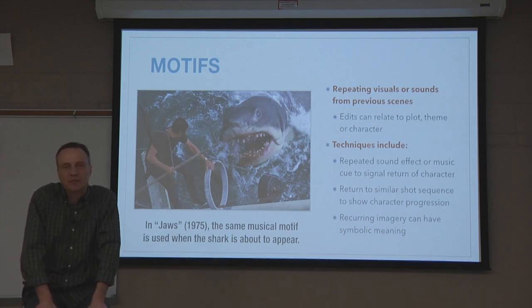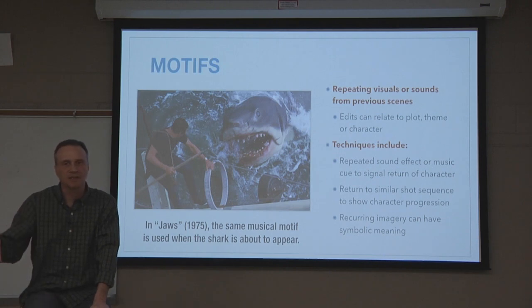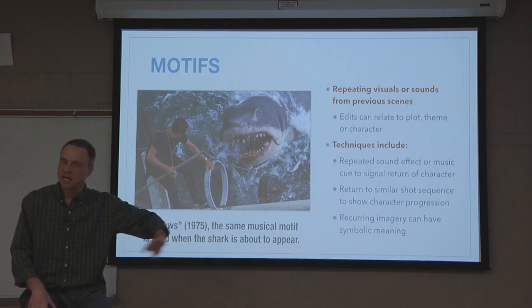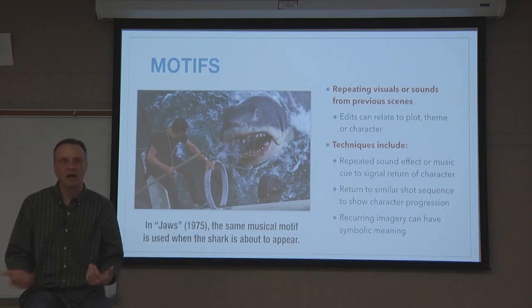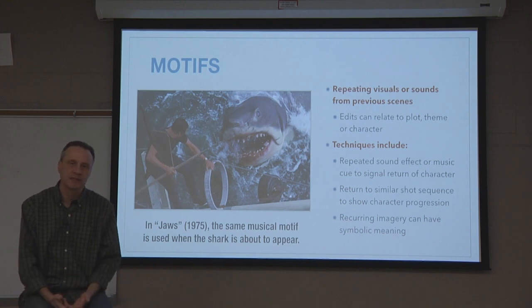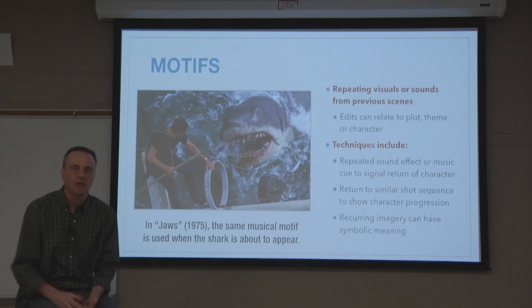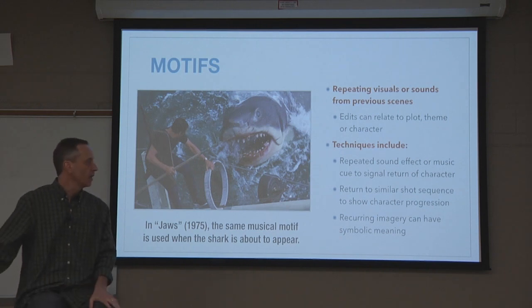A film called Sling Blade does this, where the character begins, you see the series of shots in this kind of insane asylum, and then we end the film right here, same place, but he's been out in the world and he's gone through and seen a lot of things, and he's been changed by that experience. So we can use motifs, I think, for a lot of symbolic reasons, to add some kind of meaning where meaning might not have otherwise been.